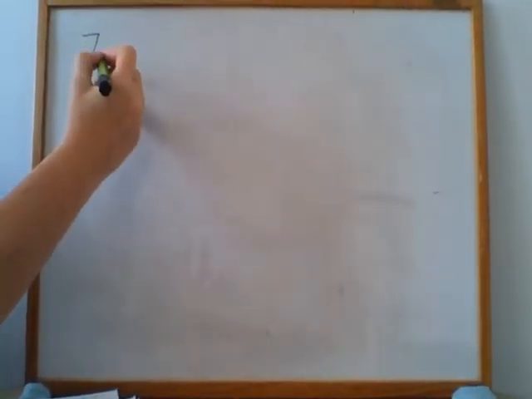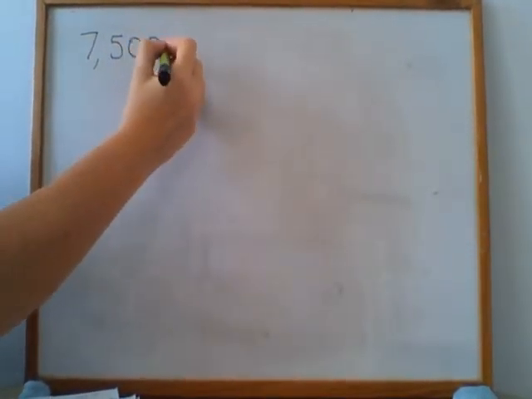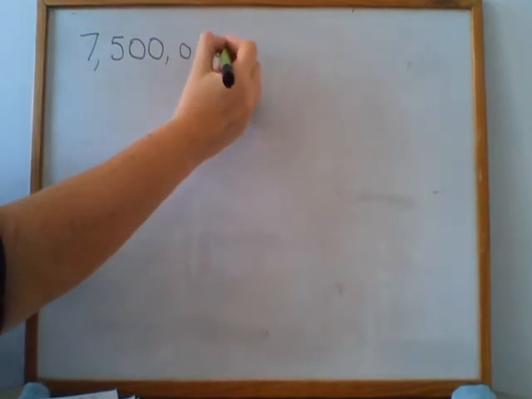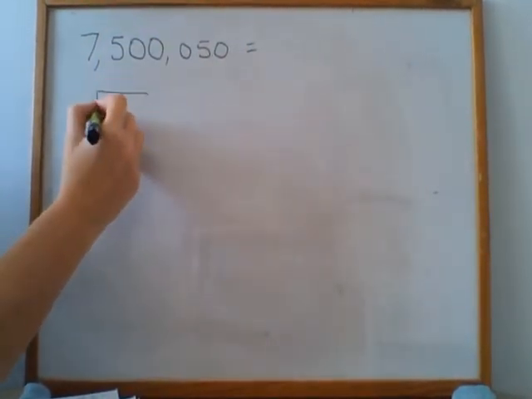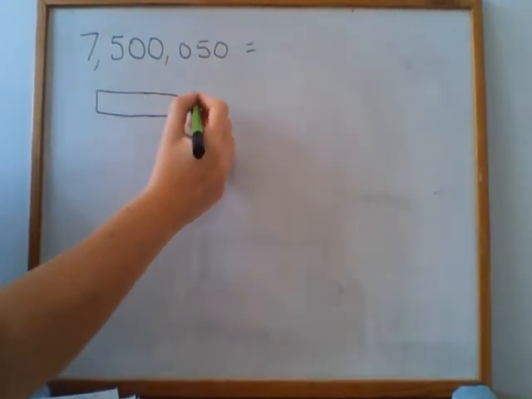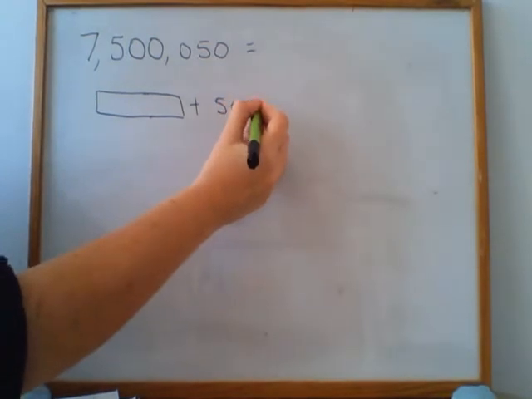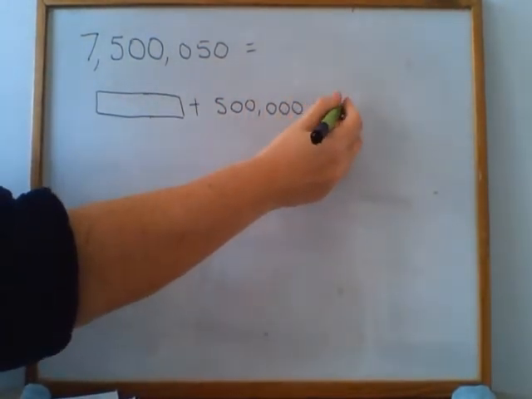We've got the number 7,500,050 and then it says that it equals something, make that a big box, plus 500,000 plus 50.